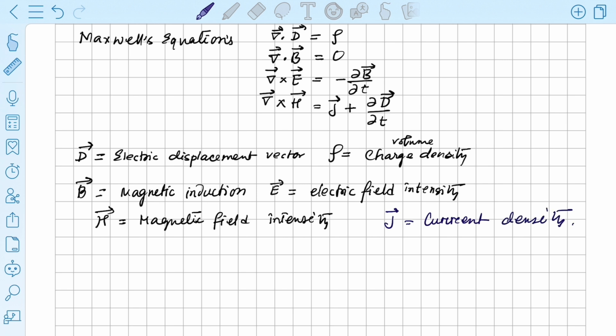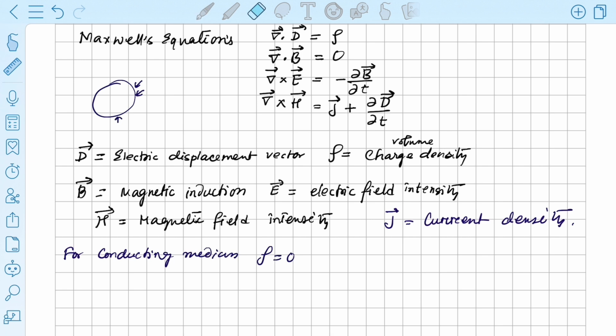Now you see, for a conducting medium, this rho will be equal to 0, because inside a conductor there will be no charge, because all the free charges reside on the surface of the conductor.